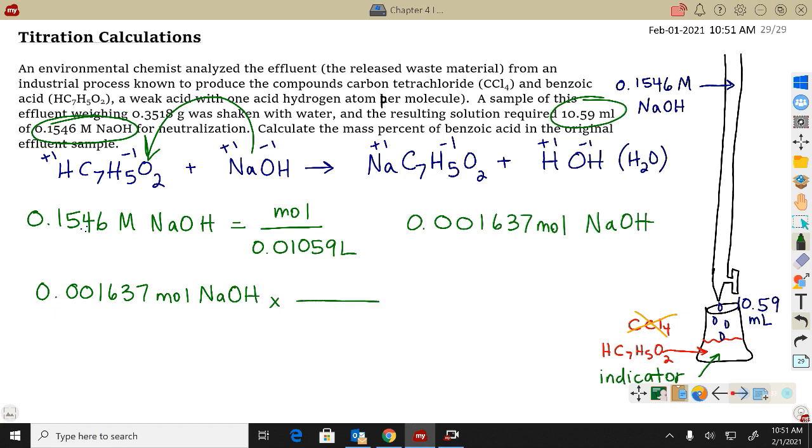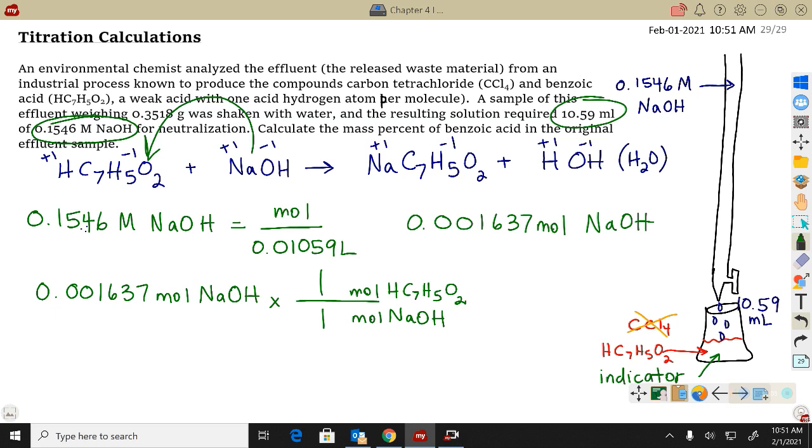I don't want to know about the sodium hydroxide anymore. Let's get this puppy over to moles of that acid, HC7H5O2. Awesome. It's a 1-to-1 ratio, so right there that's super easy, right? Then I would have equal moles of the acid.